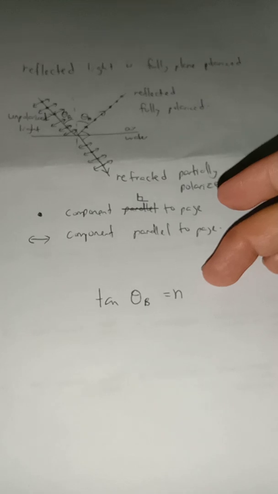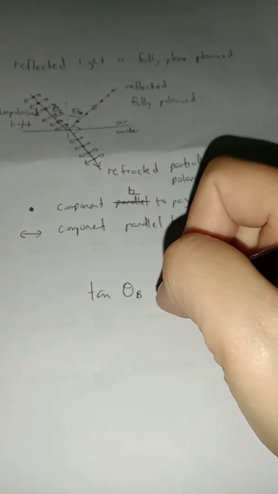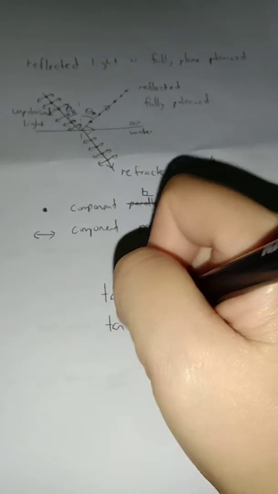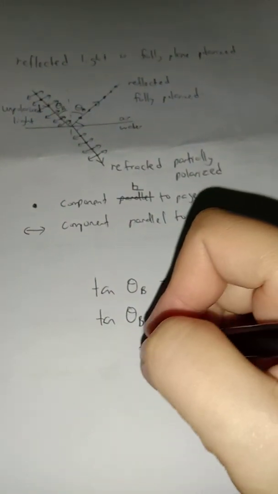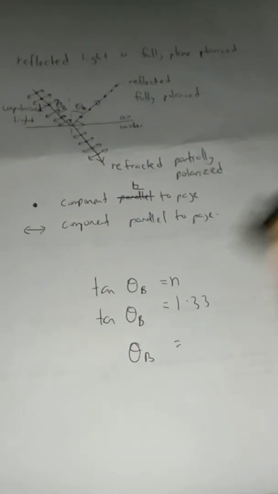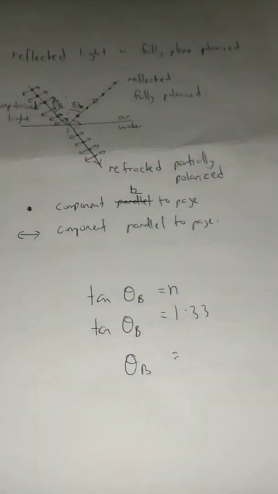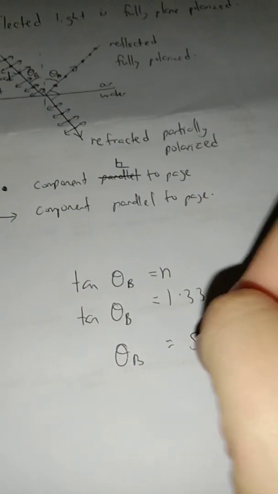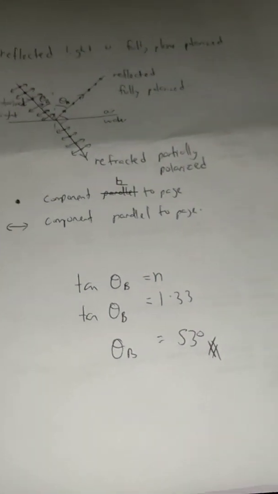Given that the refractive index of water is 1.33, we need to find the Brewster's angle. So theta b is equal to shift tan 1.33, which is 53 degrees.